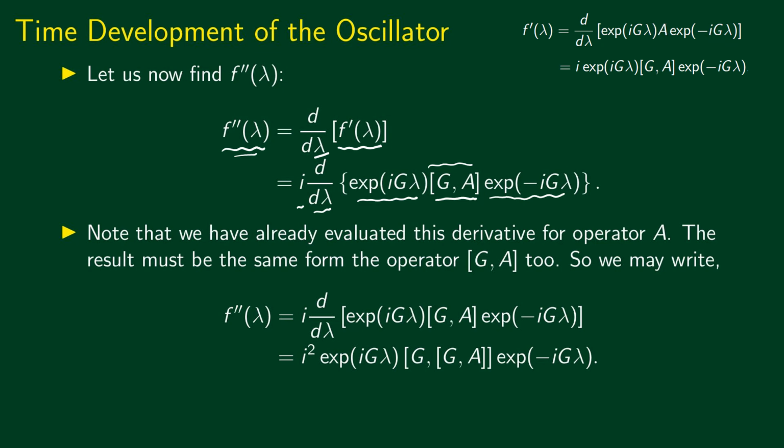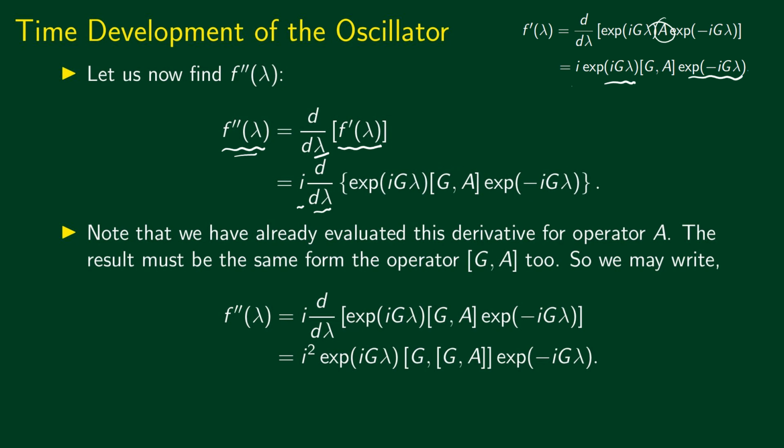And what did we get? We got i exponential ig lambda, commutator of G with whatever operator is appearing here, multiplying exponential minus ig lambda. What we have is exactly of the same form. Instead of an A here, we have another operator, commutator of G with A. The rest of the reasoning is the same.